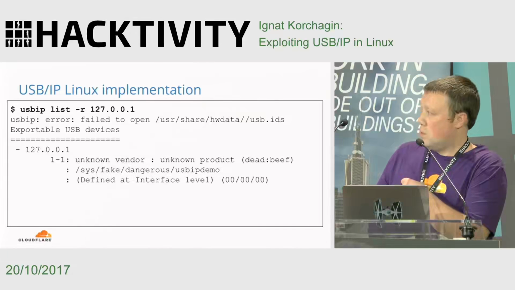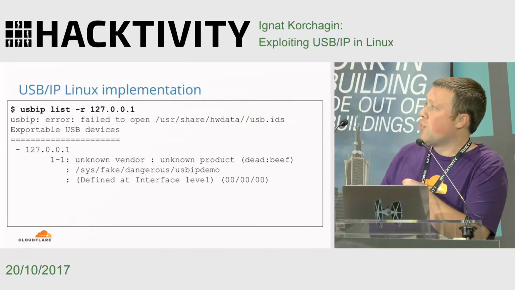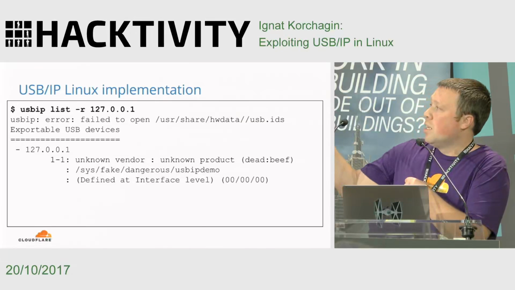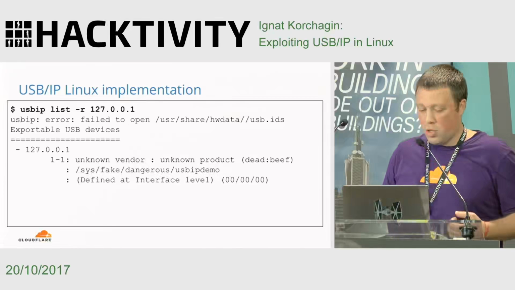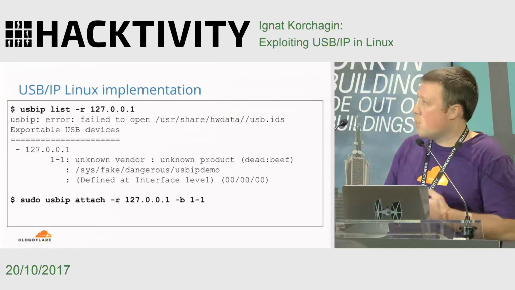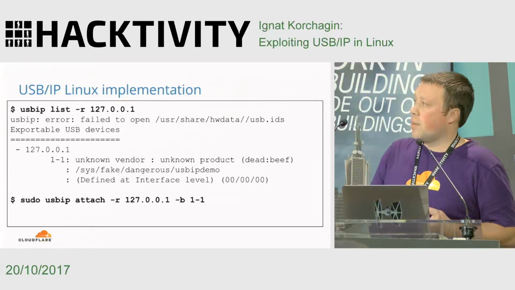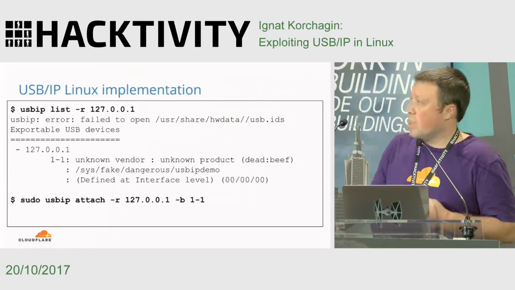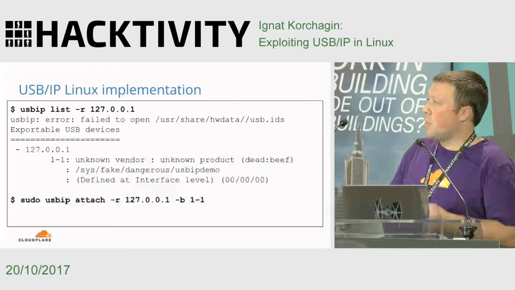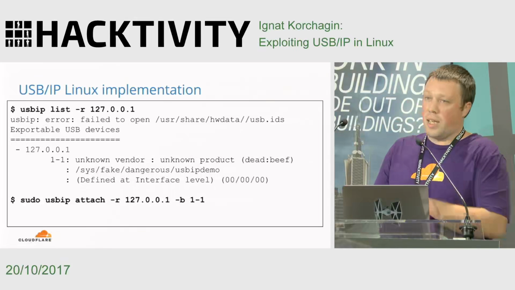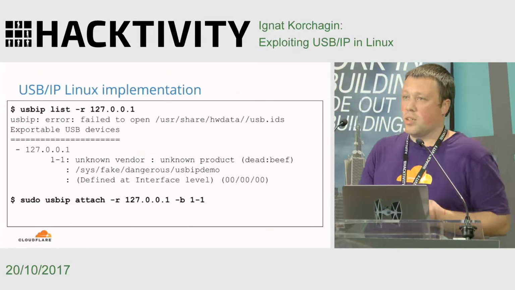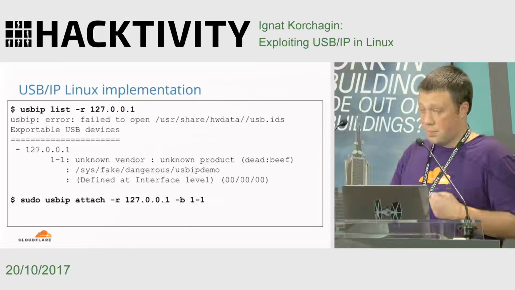The needed information here is that ID, which is 1/1, this is like the device ID in USB IP terminology. So to import this device, you just run the USB IP client utility with the attach command. Again, you specify the IP address of the server and the ID of the device you want to import, and after that, the magic happens and you get this device on your local system.